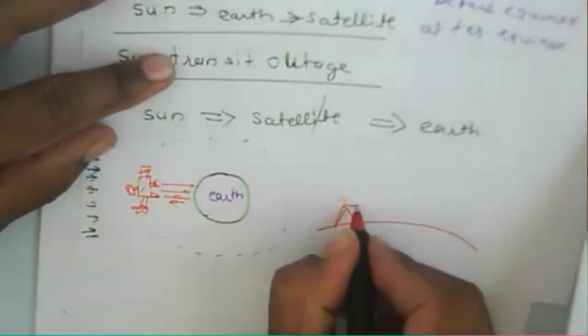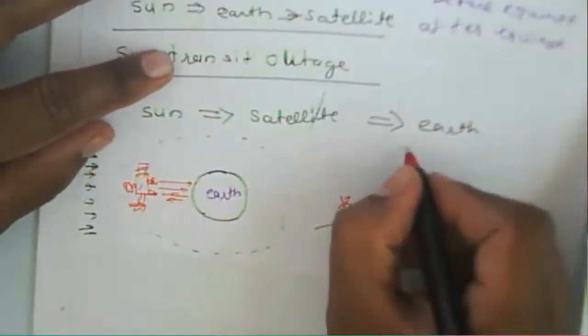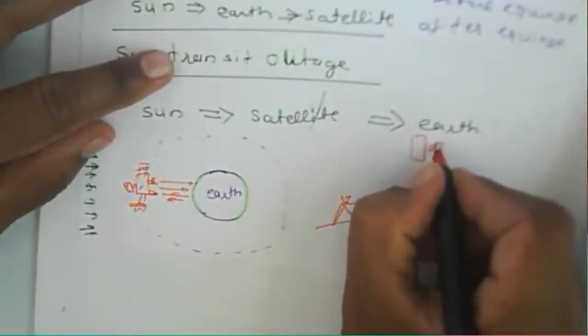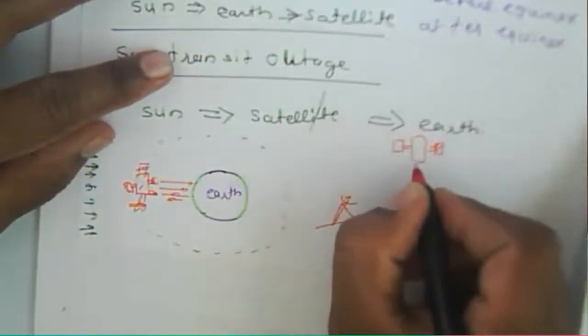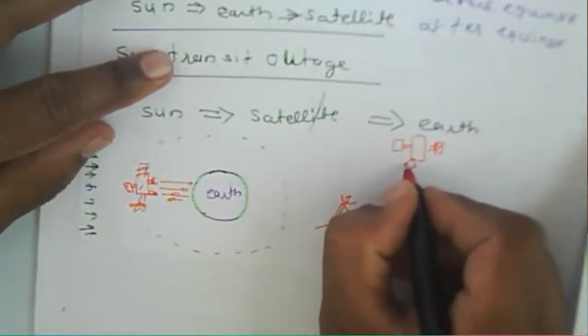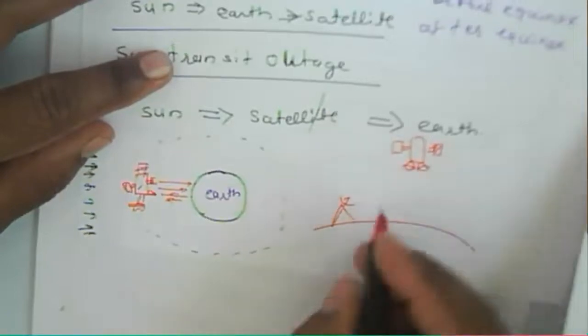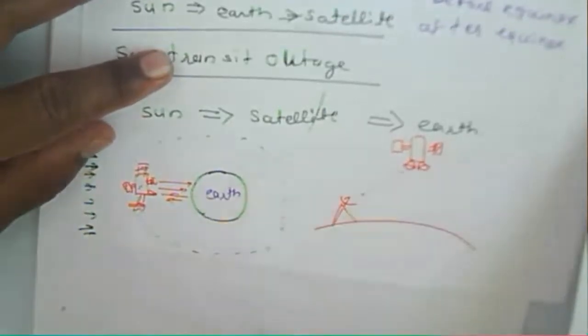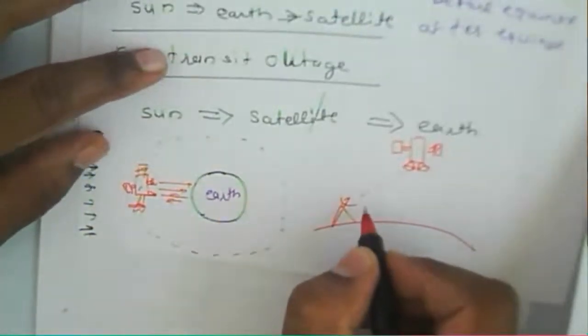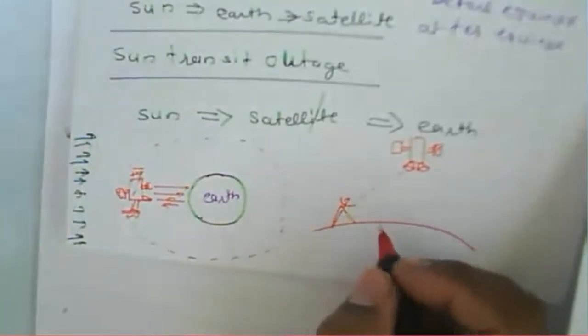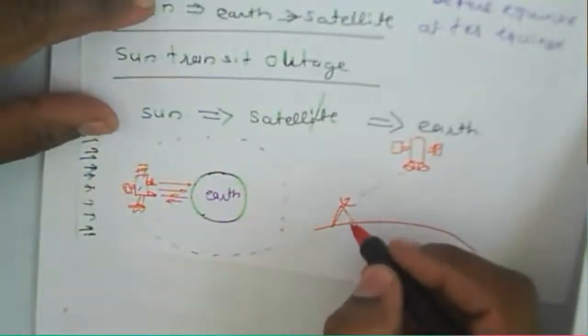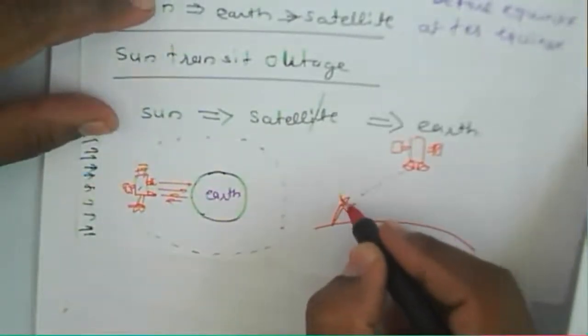Generally we consider that we have the satellite sending the signal to the Earth, or Earth sending the signal to the satellite, in both ways.